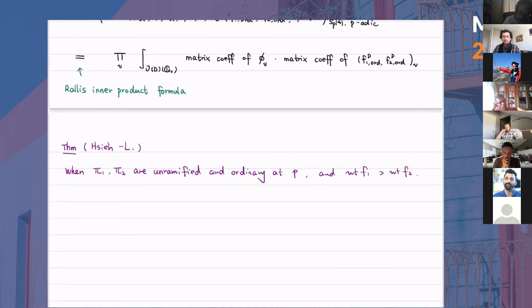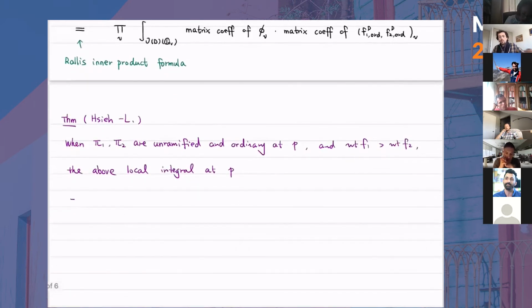In this case, the above local integral at p is equal to the following.